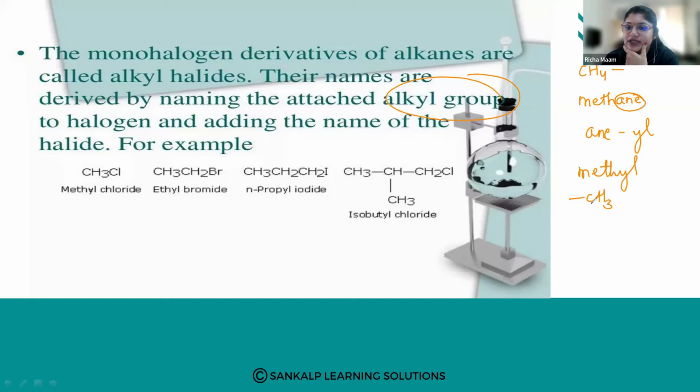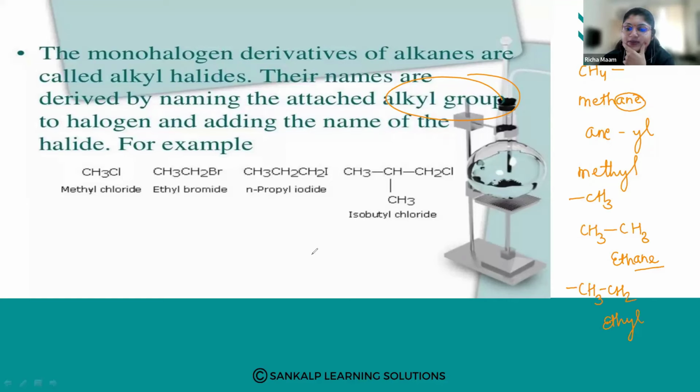So when one of the hydrogens is removed. Same with respect to this CH3, CH3, this is ethane. When you remove ane and one of the hydrogens, this results in CH3CH2, the ethyl group.